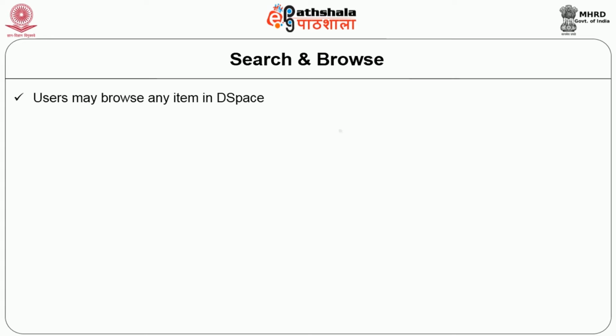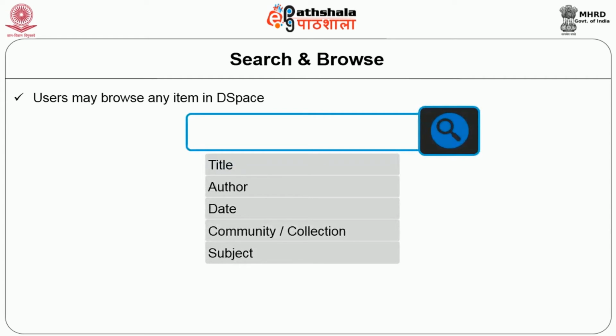Now, once you create DSpace, how do you access it? There are mainly two ways to search or get content from DSpace. The first one is called search. The second one is called browse. Search is where you can put any keyword or phrase in the search box and get results, like you do with Google. But browse is where you can browse items in DSpace by title, author, date, community and collection, or subject. Like by author, if you want to see authors whose name starts with M, you can select the letter M, and all authors starting with M will be listed.